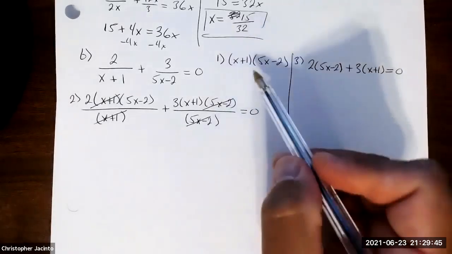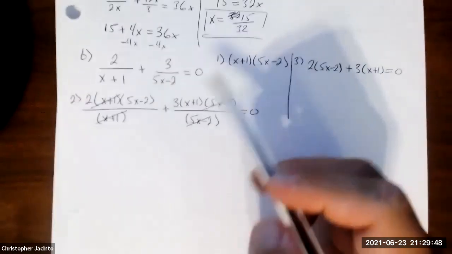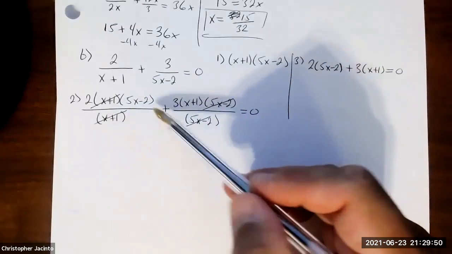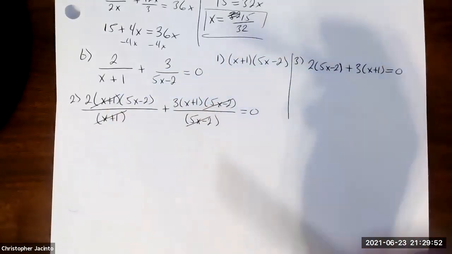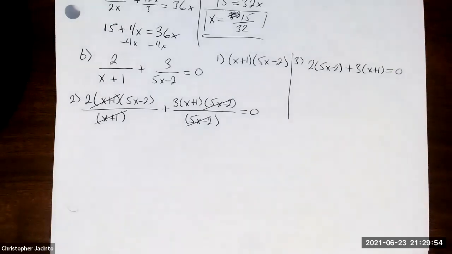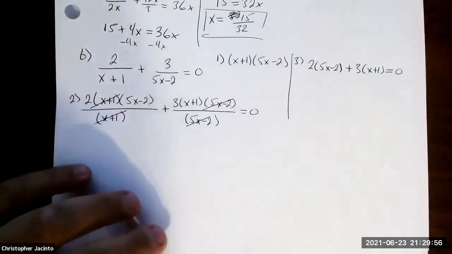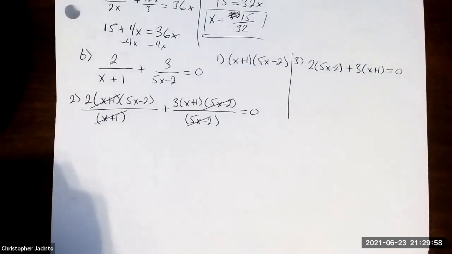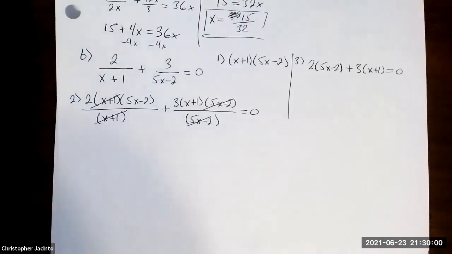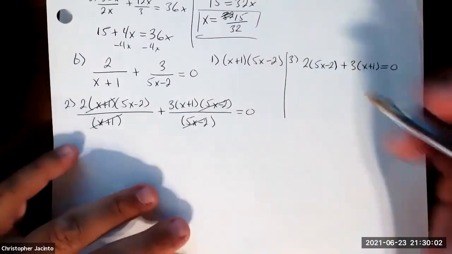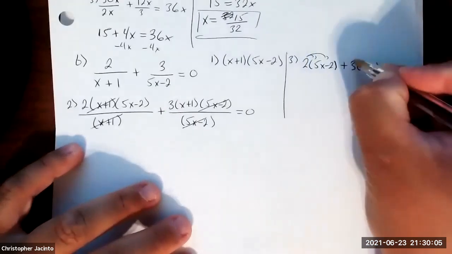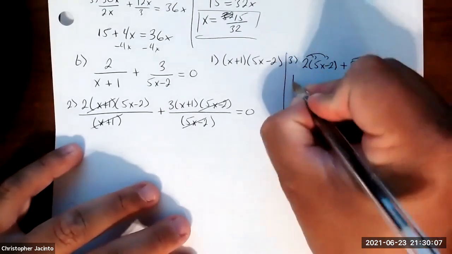So that's why I'm saying you don't actually want to FOIL this out, because the whole point is to cancel stuff out at the very end once you multiply the tops. So a lot of times it's not really multiplying. That's the key thing. It's just factoring at the very end and canceling everything out as much as you possibly can. Okay? And then at this point, we just distribute in both cases and then solve for x.